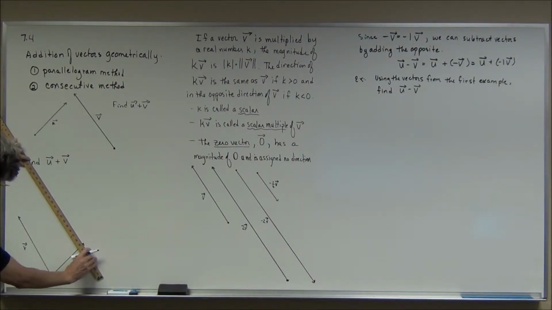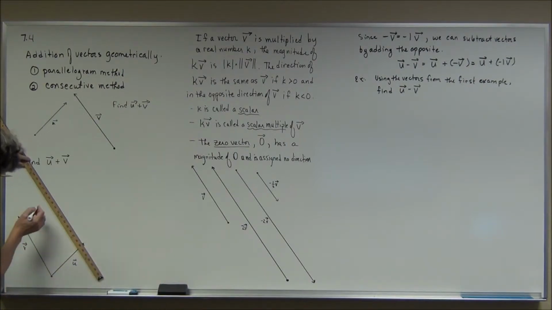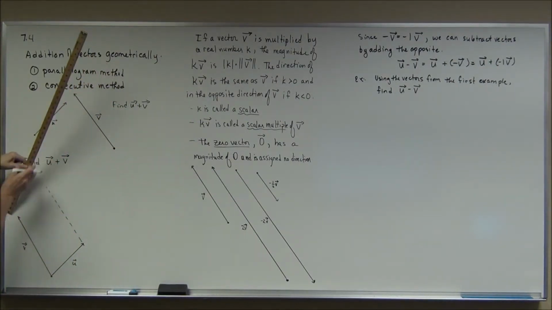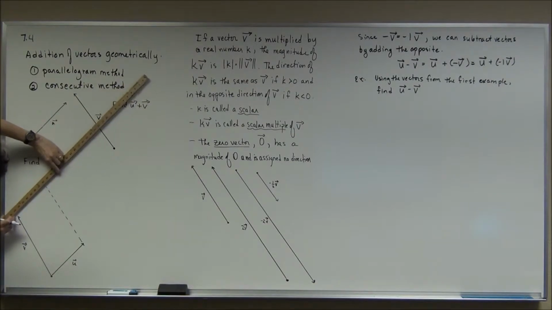Now I'm eyeballing it, so bear with me here. But it looks like it would be about like this. And I'll make this dotted so you can see that this is not a vector but part of my work. And then this way here, hopefully, there we go, let's see if we got this.